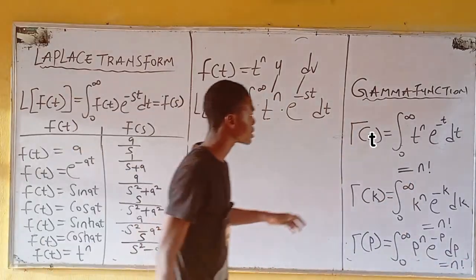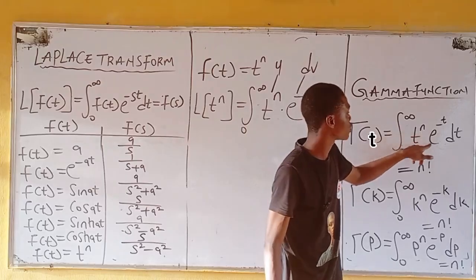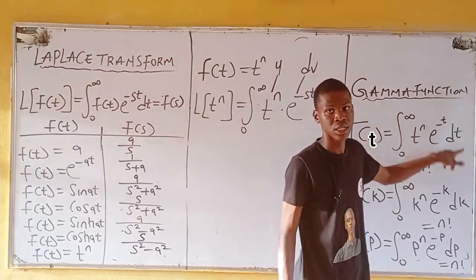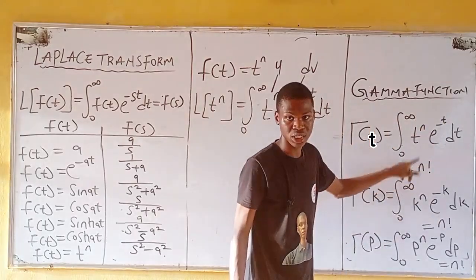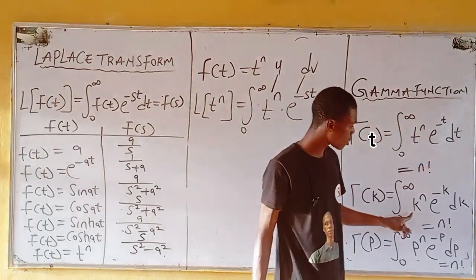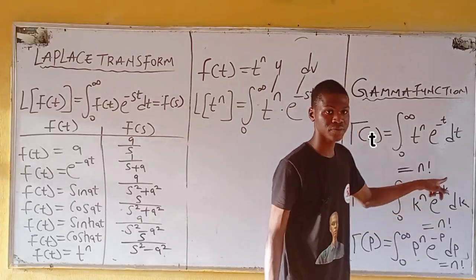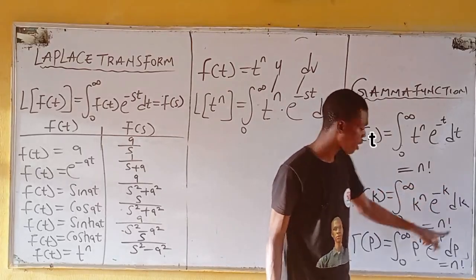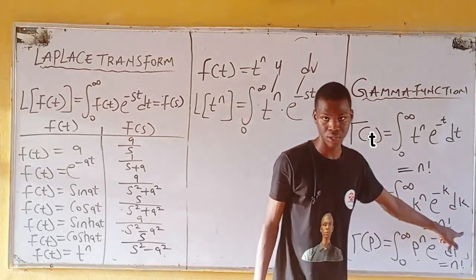Now, what can you say about all of this? You observe that you have t raised to the power of n, exponential raised to the power of negative t, with respect to dt, and your answer is n factorial. For the second one, k raised to the power of n, exponential raised to the power of negative k dk, your answer is n factorial.